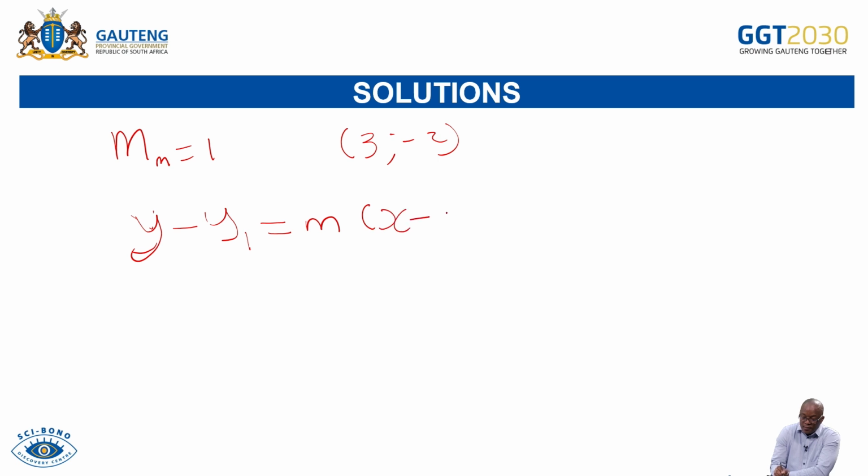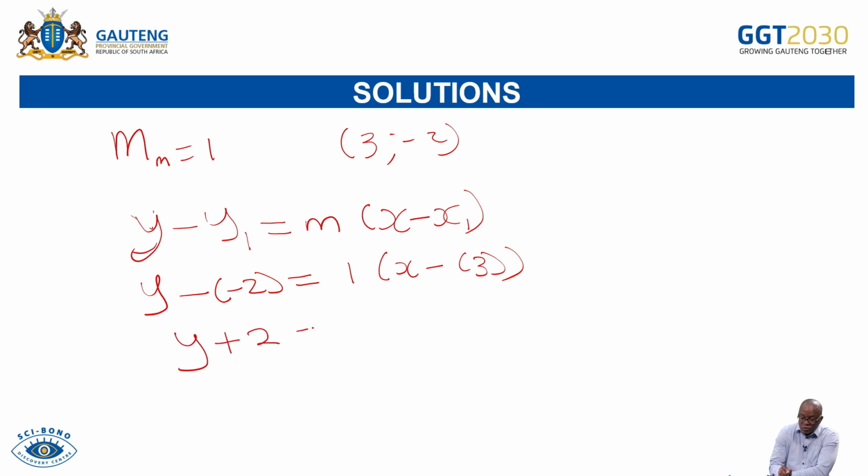Then you can say y minus negative 2 is equal to 1 into x minus 3. Then you're going to have y plus 2 is equal to 1 into x minus 3.